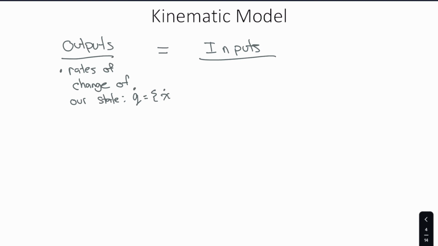So Q dot is our values for x dot, y dot, and theta dot. And those should all be defined with respect to the global coordinate frame. We don't really care what they are with respect to the robot's coordinate frame because we know it's always defined to be at 0, 0.